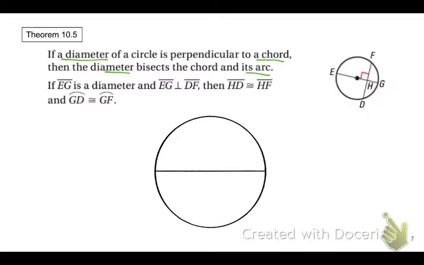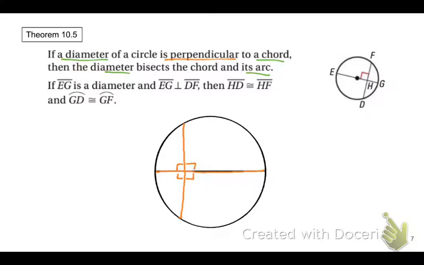So, if a diameter of a circle, here's my diameter, is perpendicular to a chord, so the chord, let's do a big chord, and it's perpendicular to a chord, so this is 90 degrees, this is 90 degrees, this is 90 degrees, this is 90 degrees.